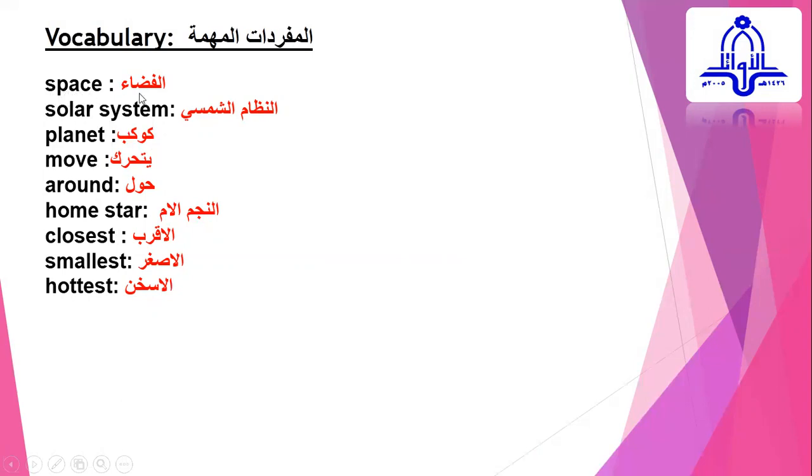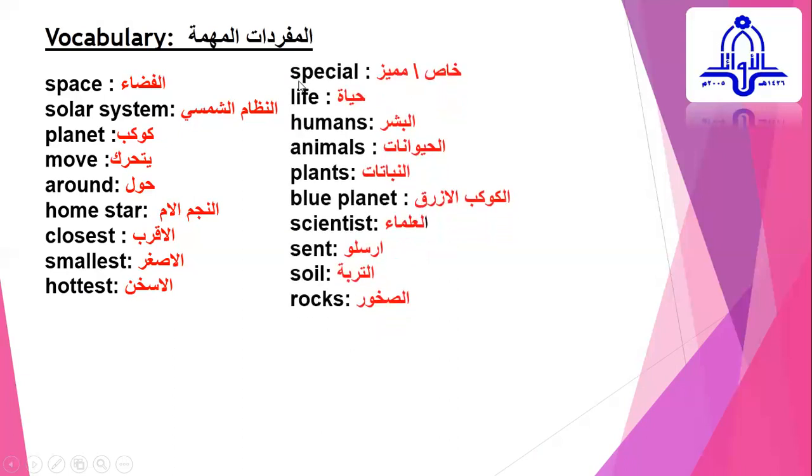We have space الفضاء، solar system النظام الشمسي، planet كوكب، move يتحرك، around حوله، home star النجم الأم، closest الأقرب، smallest الأصغر، hottest الأسخن. طبعا راح ندرس قاعدة ال comparative وال superlative إن شاء الله next lesson.